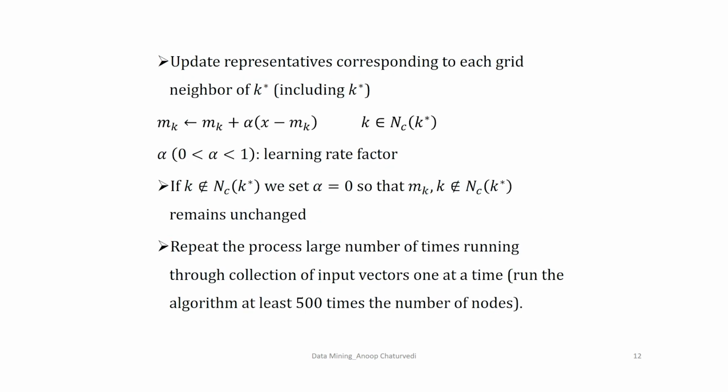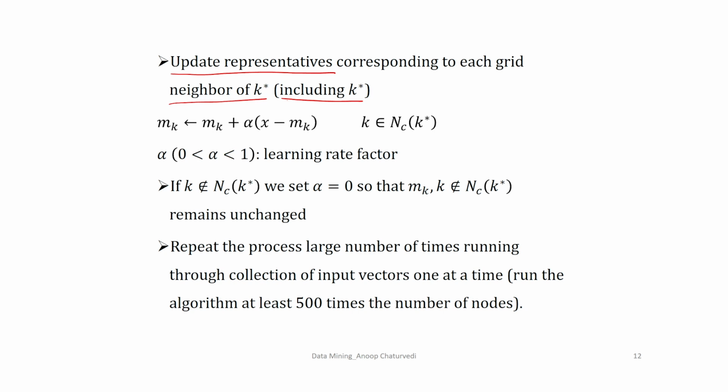Then, after assigning x to a particular winning node, we update representatives corresponding to each grid neighbor of k star. Not only the representatives of the winning node, we are going to include k star also.